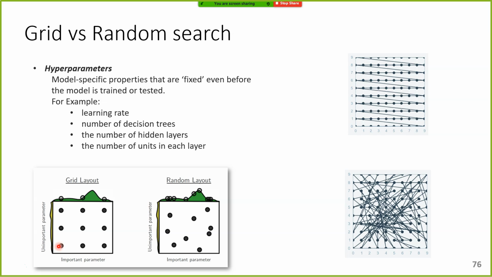Each point here represents one set of hyperparameters, and we can go through all of them one by one, or we can pick hyperparameters from the hyperparameter space at random. I would highly recommend, and this is a common recommendation, that you go with a random search rather than grid search.